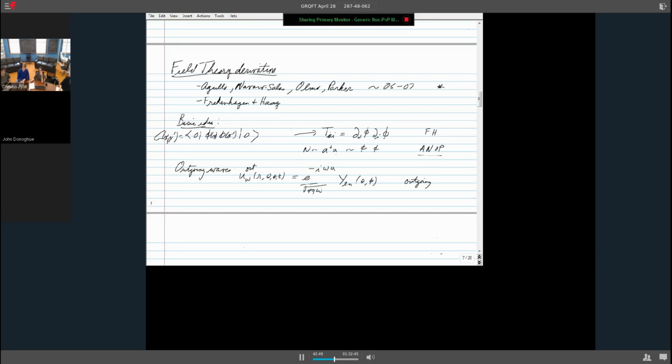And what are the things you need to know? Well, you need to know that we're going to use the outgoing waves in a basis where the mode functions of r, theta, phi, and t for the outgoing waves are e to the minus i omega u, so we're still going to use light-cone variables, over square root of 4 pi omega, times Y_lm of theta and phi.